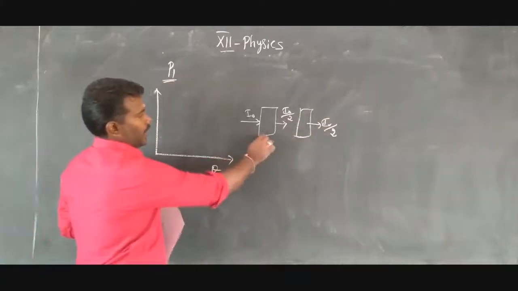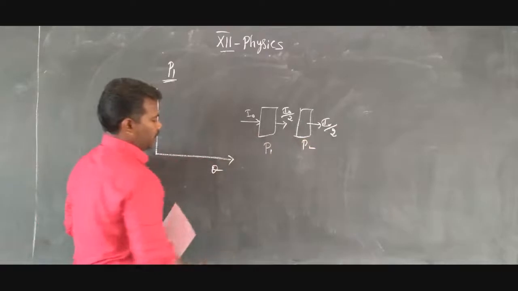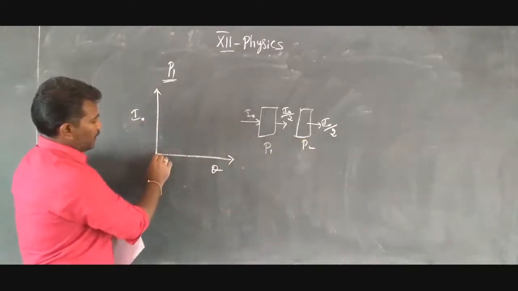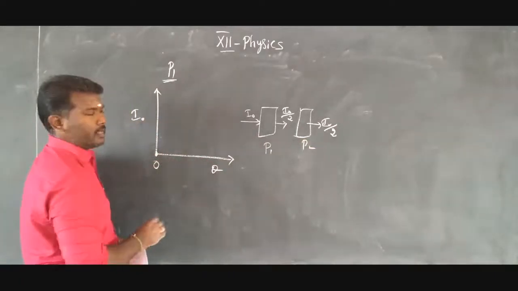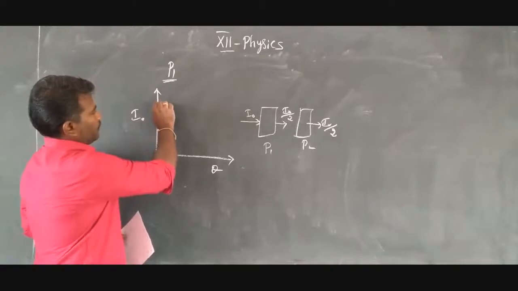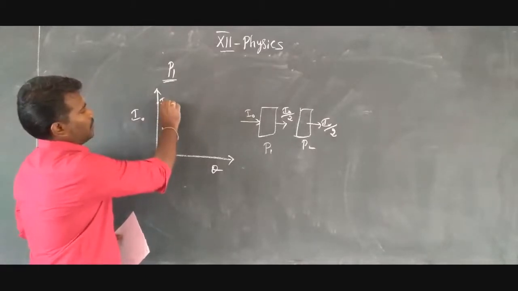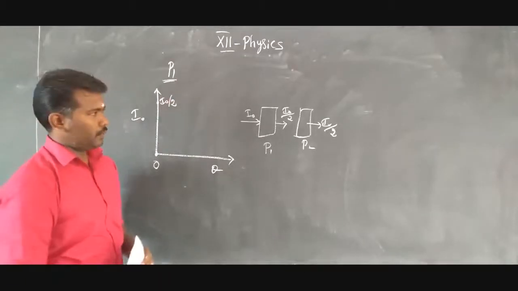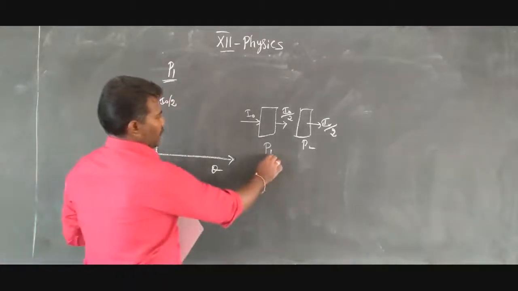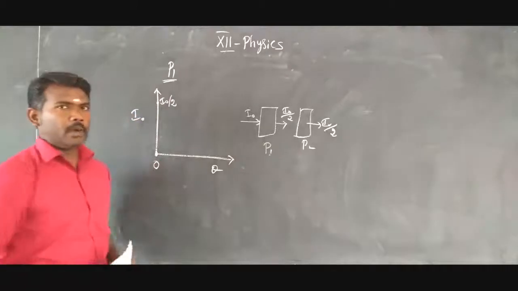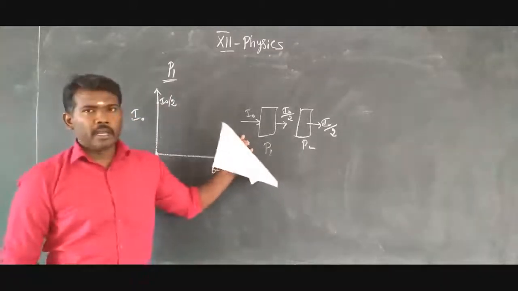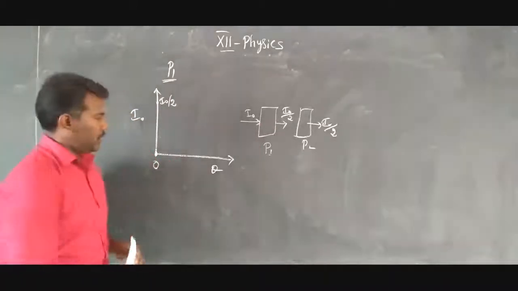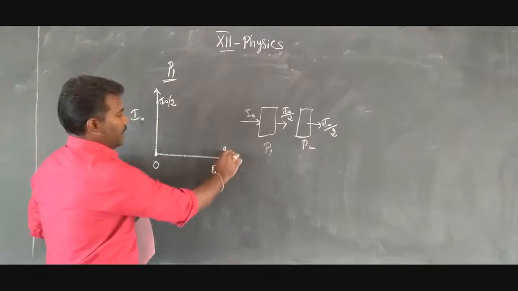Now, the initial angle between P1 and P2 is 0 degree. So you take this as the origin, 0 degree, and fix any one value. I consider this point, it has a value I0 divided by 2. If you rotate the polarizer P1 between the angle 0 degree to 90 degree, the maximum value is 90 degree.